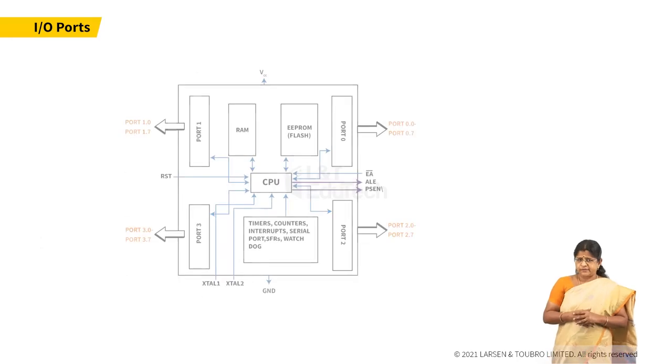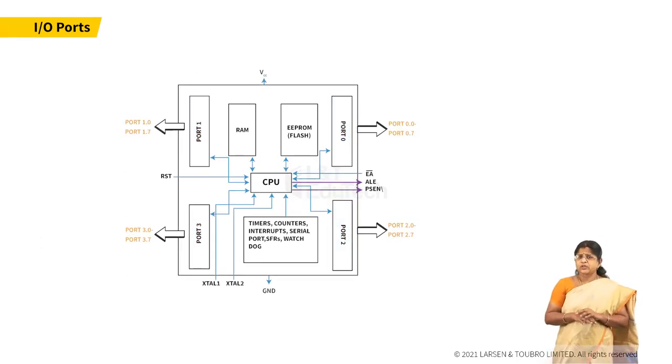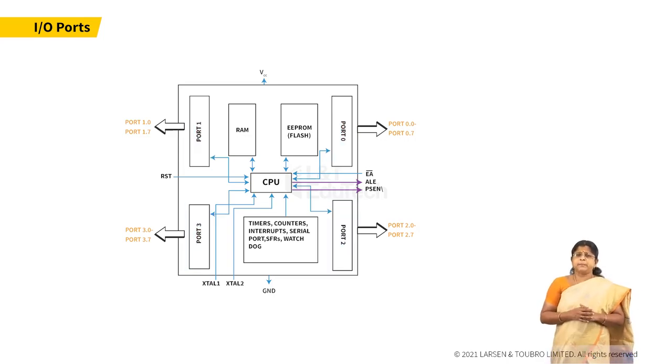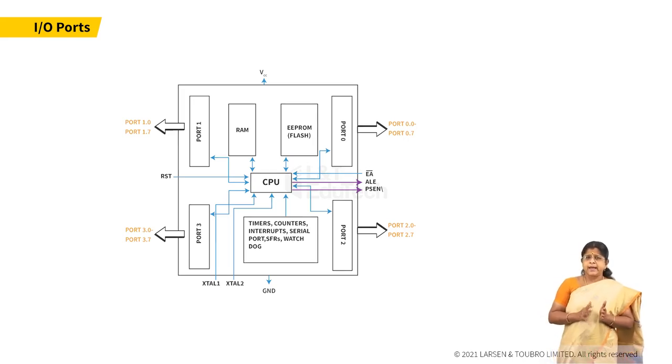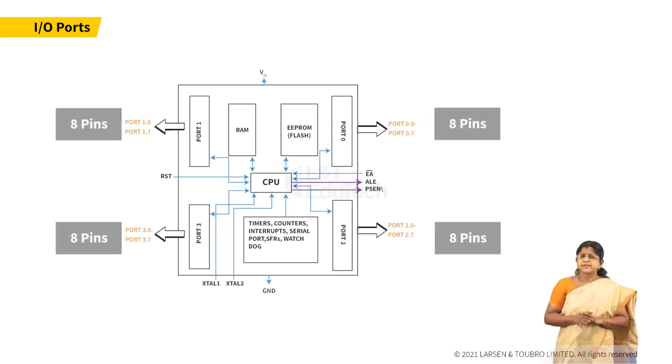So in 8051, we have 4 I/O ports, called port 0, port 1, port 2 and port 3. All of them may be configured for both input and output operations. Thus, 32 pins are available for the peripheral interface facility. Port 0 supports the external memory interface too.